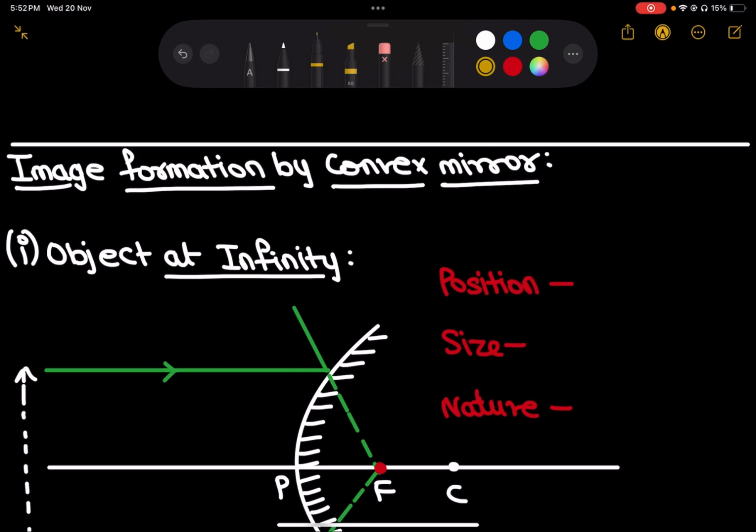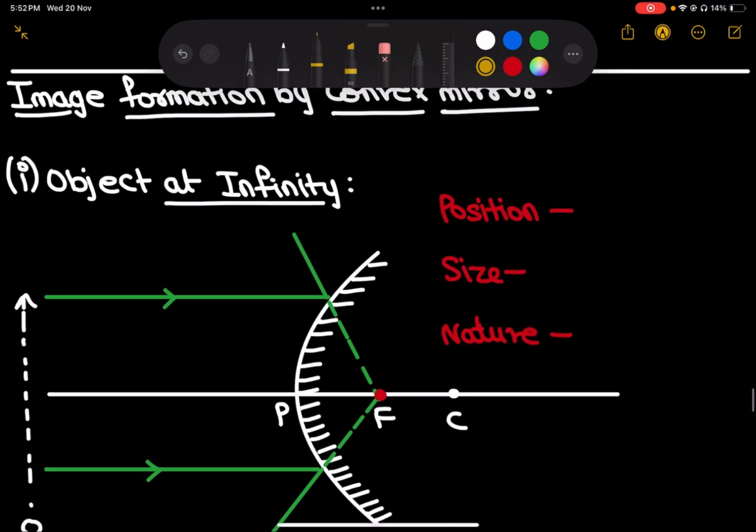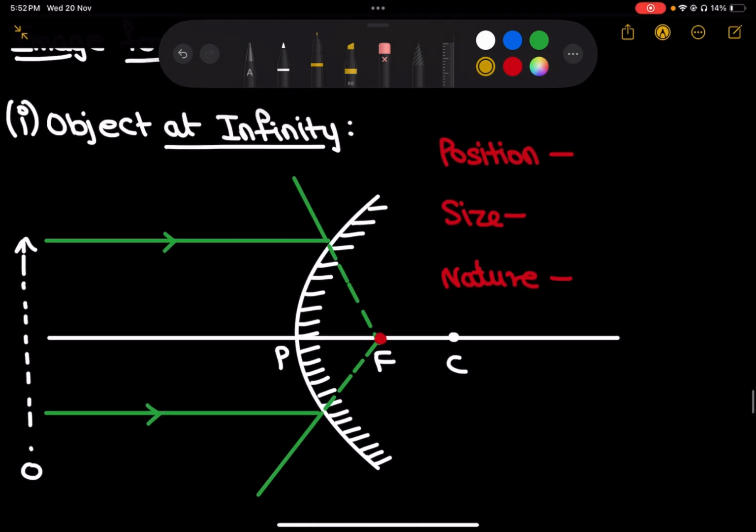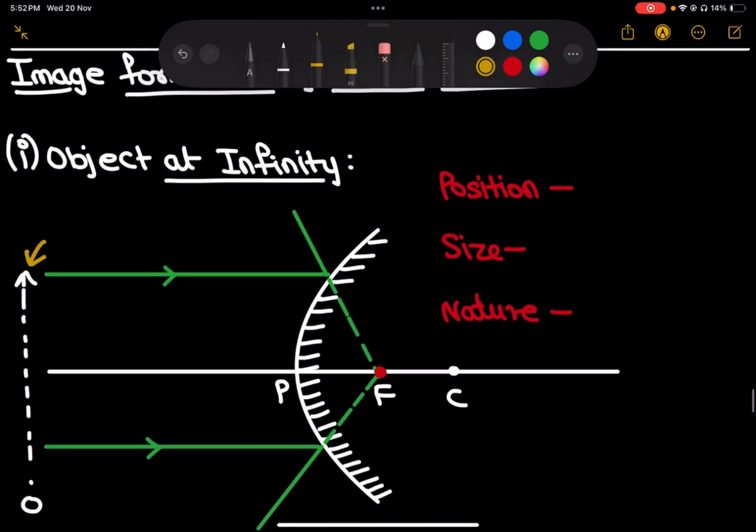So if you remember, a convex mirror is the mirror which is bulged outwards, or it is curved outwards, right? So that is a convex mirror. So there are only 2 cases. The first case is obviously object is at infinity, right? So here this is the object, it is placed at infinity. And we know that the rays coming from infinity are always parallel to the principal axis, or parallel to each other, okay?